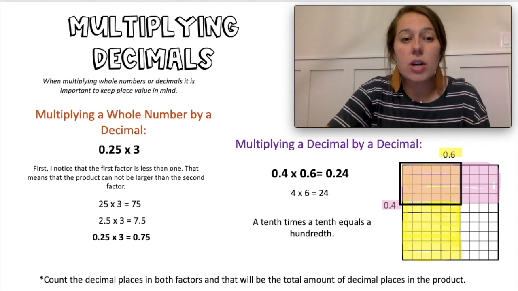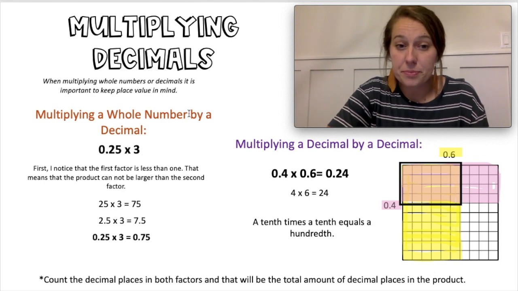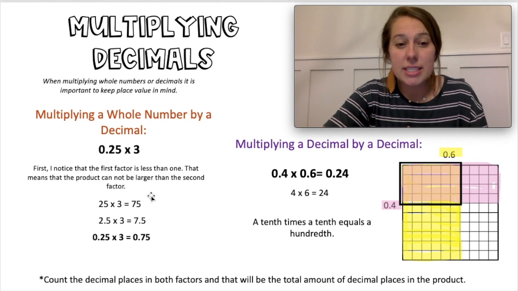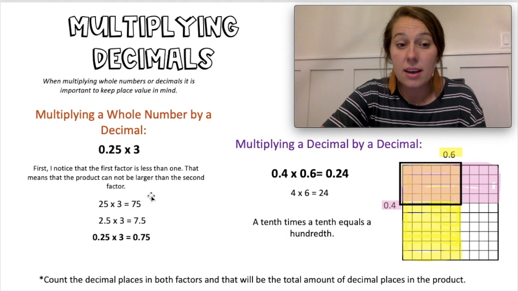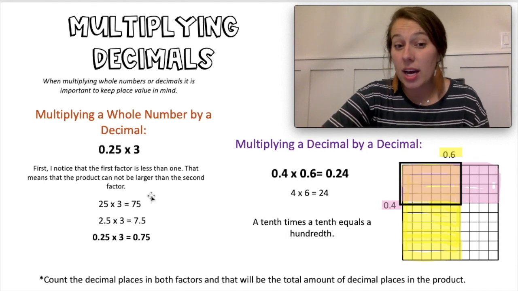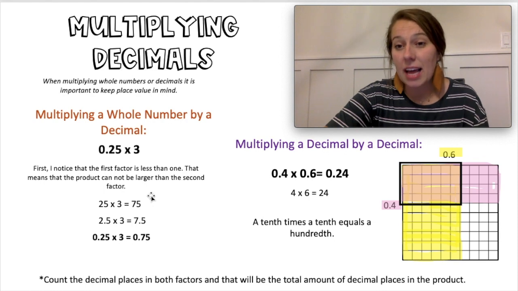Okay, so we're going to first look at an example of multiplying a whole number by a decimal. Okay, so I first noticed that the first factor, 25 hundredths, is less than 1. That means that the product, or the answer, cannot be larger than the second factor.